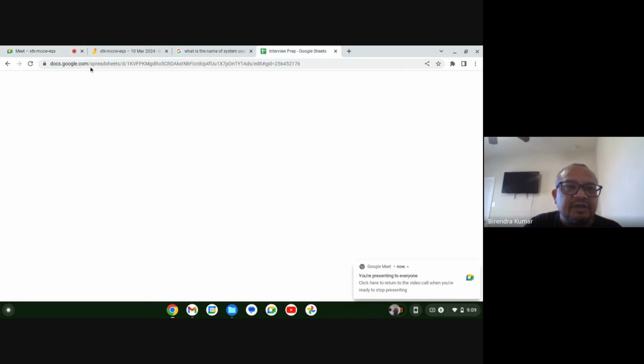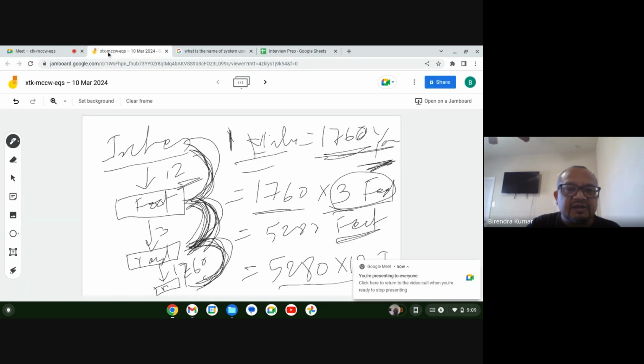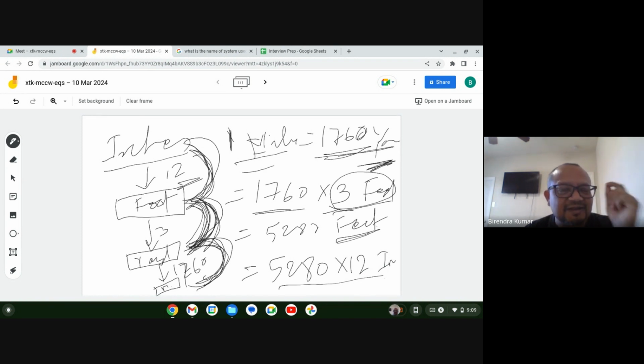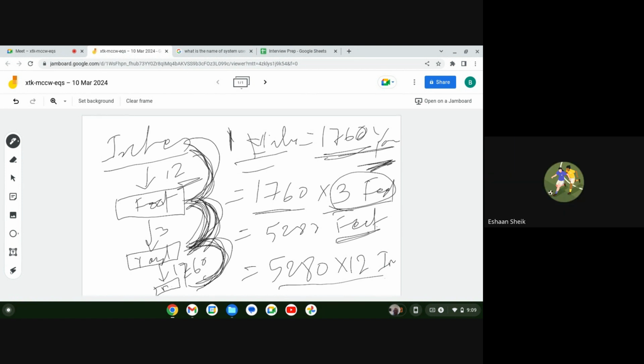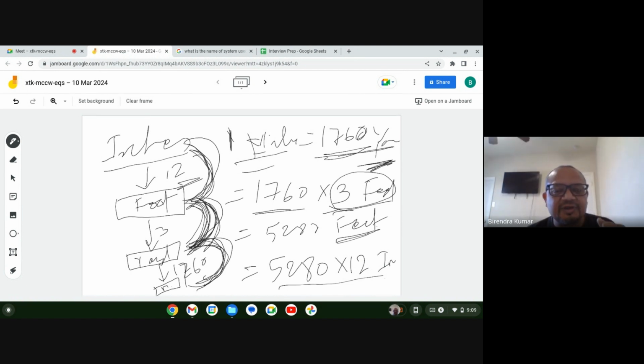So I was sharing whatever we learned yesterday, we just went to the next step. We learned about the metric system, how to use meter for measuring length: millimeter, centimeter, decimeter, meter, decameter, hectometer, kilometer.